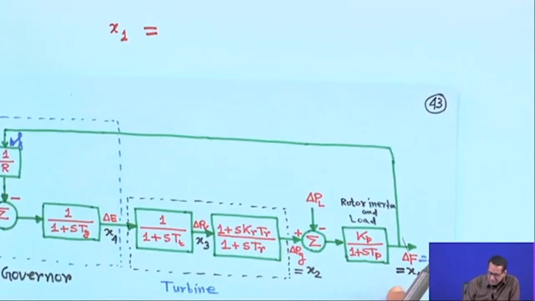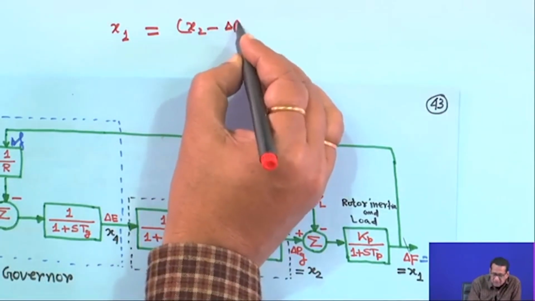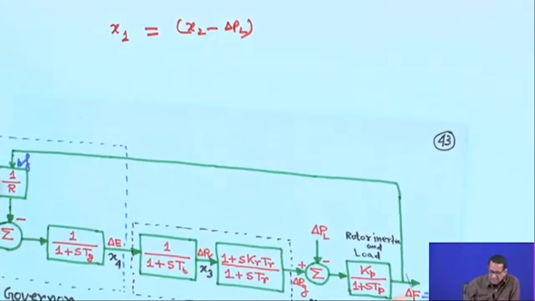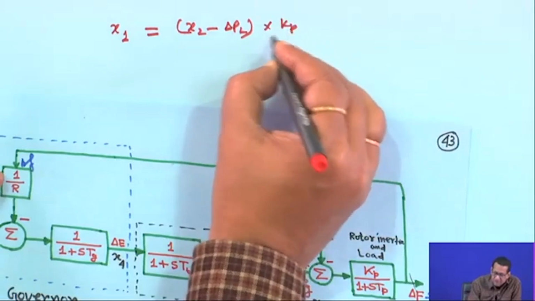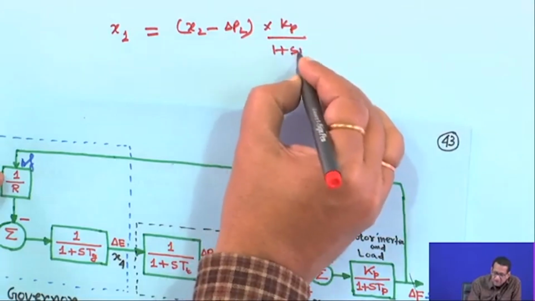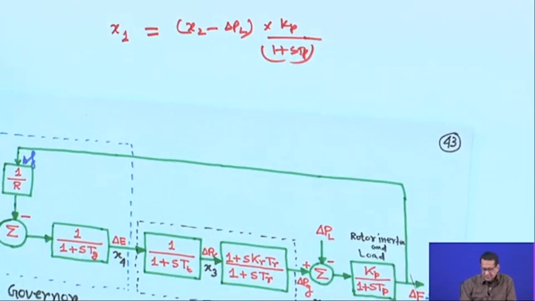So, x1 is equal to delta Pg, which is actually your x2, minus delta PL, because delta Pg you have taken as x2, into Kp upon 1 plus S Tp. So, that is your x1.